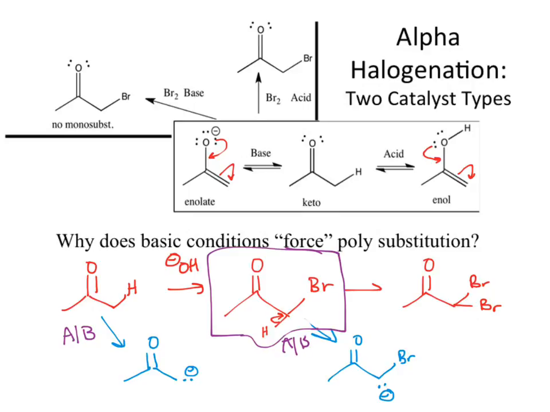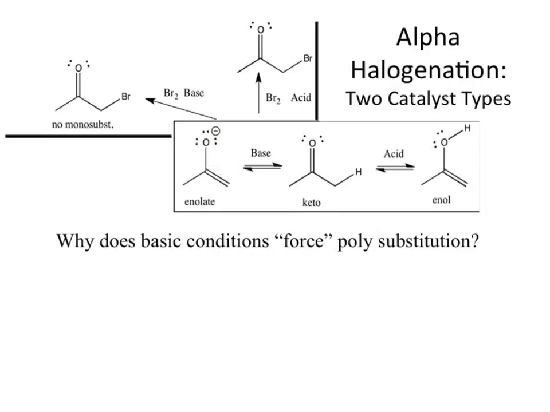Why does this not happen under acidic conditions? What's the first step? But under acidic conditions, we're not pulling off the hydrogen. Our first step is to neutralize that acid, which is protonate the oxygen.